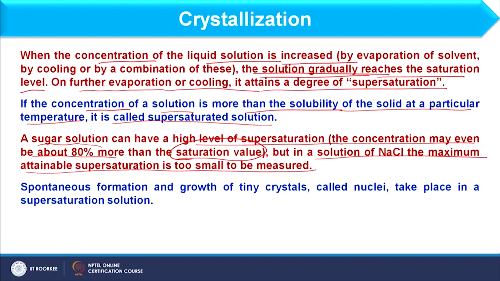Basically, what happens in crystallization is the spontaneous formation and growth of tiny crystals, which we call nuclei, in a supersaturated solution. So, when we consider the supersaturation condition, it means that whatever solute is available forms crystals.